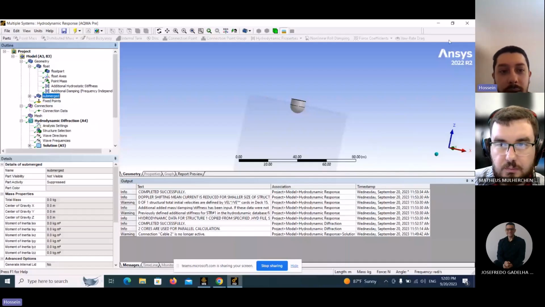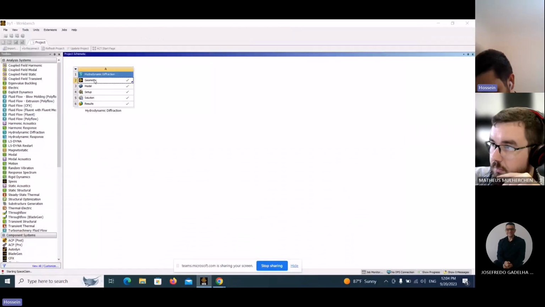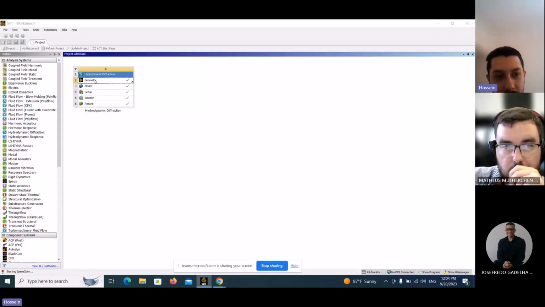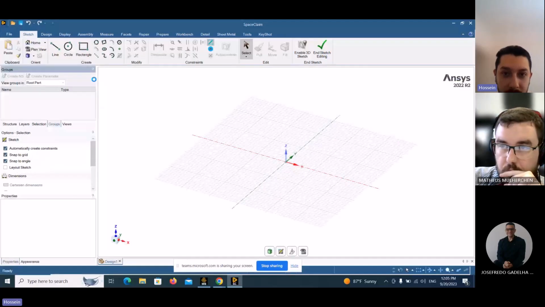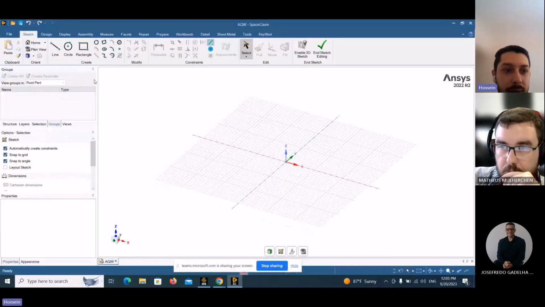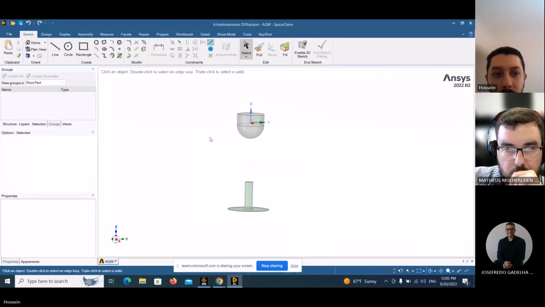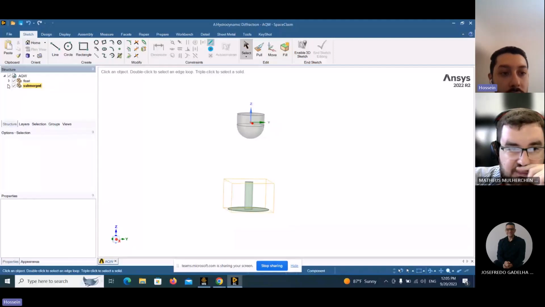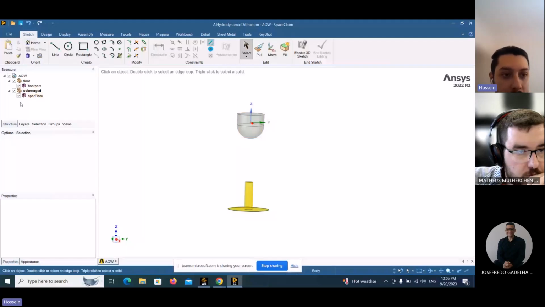I go to SpaceClaim and let's see what happened if we didn't put it on share. But in this case that I explained, we don't face any problems because, as we can see, in each component we just have one shell.